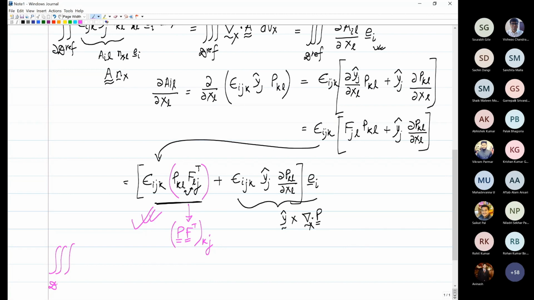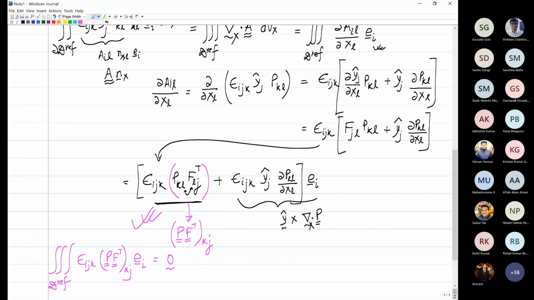That's integral over omega ref epsilon ijk, and you have PF transpose the kj component multiplied with ei. Okay, and that's equal to 0. This has to be equal to 0.